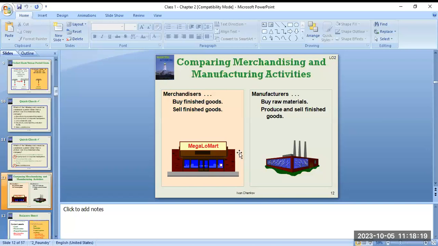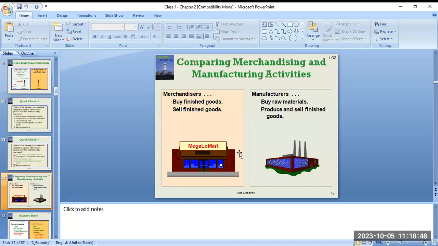A merchandiser buys computers and sells computers. Make sense? They buy product, they sell product. They buy finished goods, they sell finished goods. Do they produce something? No. They just buy and sell, buy and sell, buy and sell.